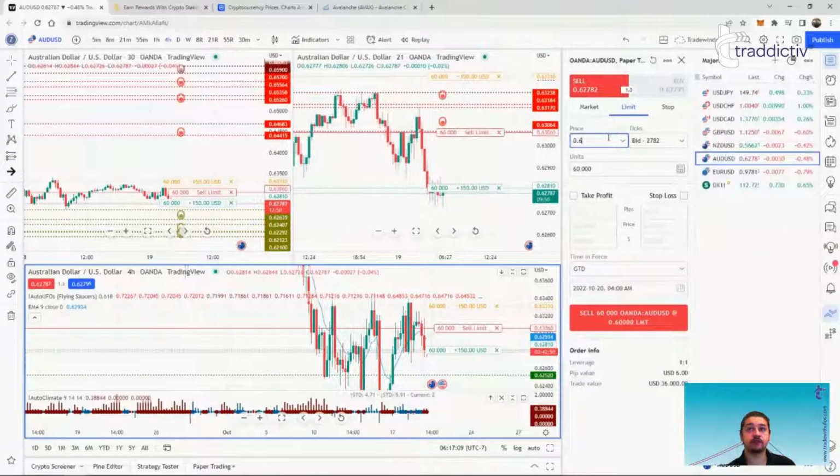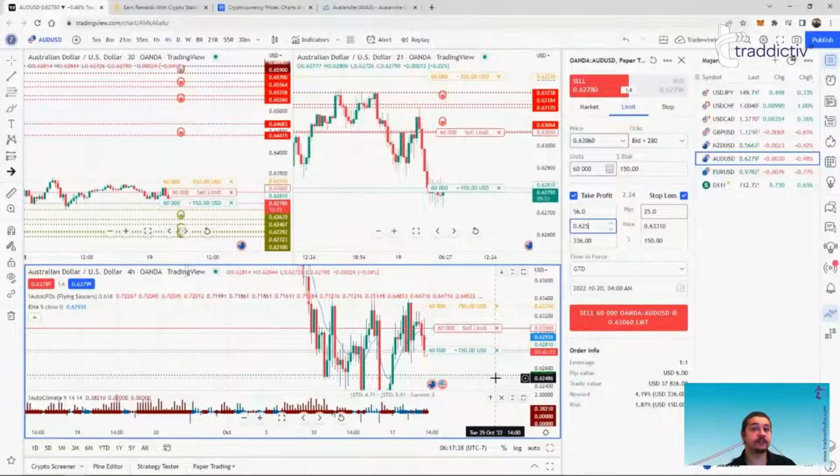Same entry point, 63.06. Stop loss stays the same, except the final target is going to be 62.52. Now for this one, for the target, there's no rounding up needed here because it's already a round number, but we are going to add two more pips in order to make sure we capture this before this large time frame UFO down below.